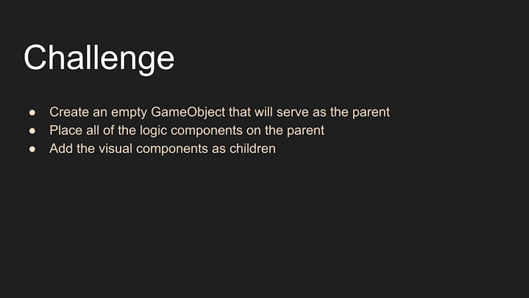And the camera can be a child of the parent as well. So I'm going to encourage you to pause the video. This might be a bit of a stretch. I don't know. Just give it a shot, and when you unpause, we will come back and do it together.